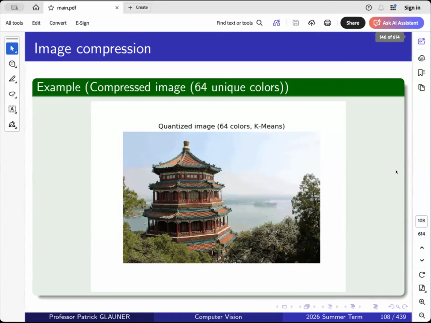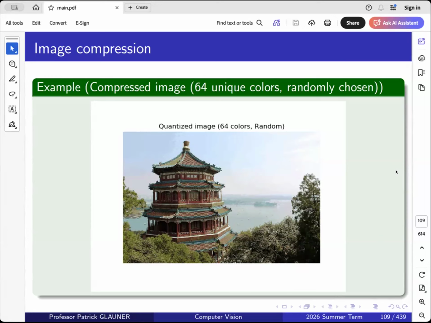Obviously, what I've just shown you is the nice one. I could also just pick randomly 64 colors, and each pixel will just be mapped to the closest color that I picked randomly.